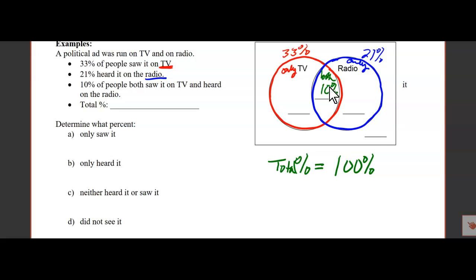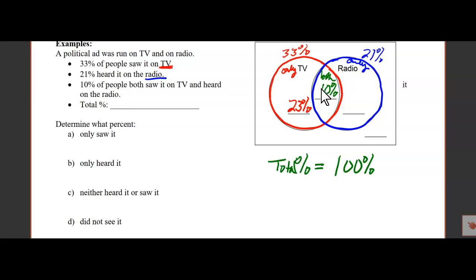So what I'm looking at here is this total value has to be 33%. What percentage actually saw it only on the TV? That's going to add up to 43% total. That's not right. 23. Why 23? Because it's plus the 10%. Exactly. My total TV value has to be 33%, but 10% is in the middle.